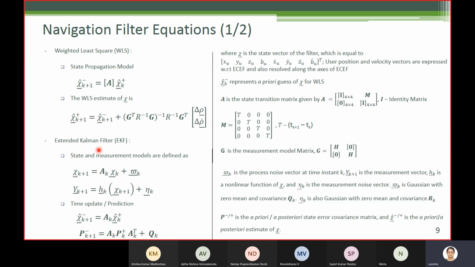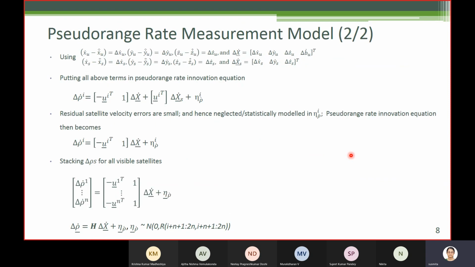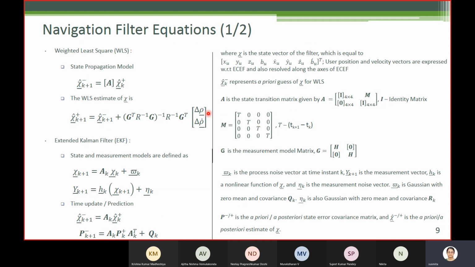And then in case of the extended Kalman filter, A we have got here, H we have already linearized, and this is the measurement model matrix considering both delta rho and delta rho dot. Each will give some H here. The first corresponds to delta rho, the second H corresponds to delta rho dot.